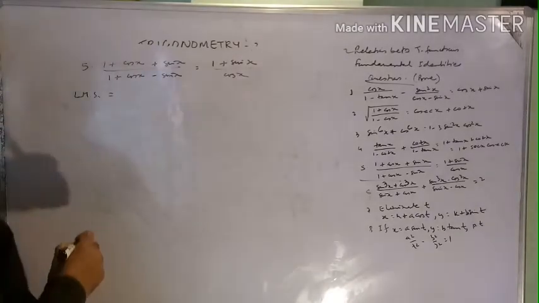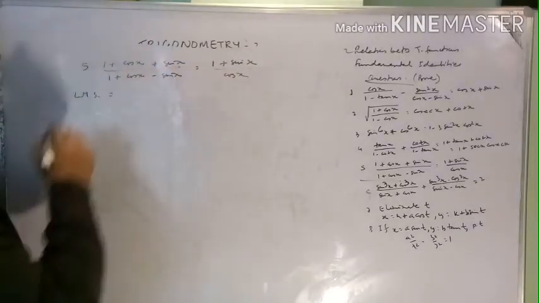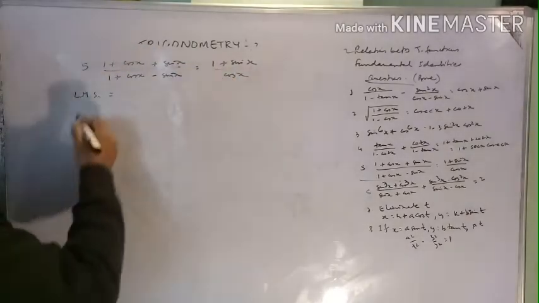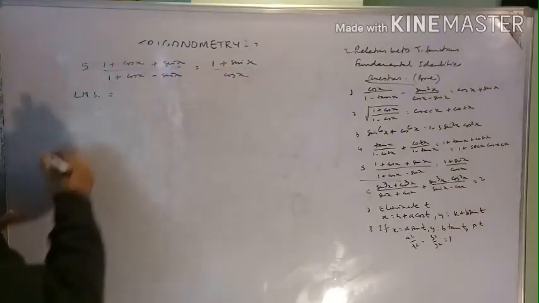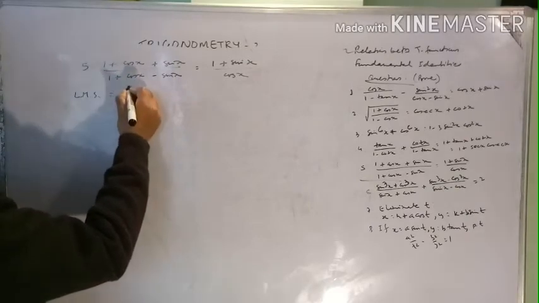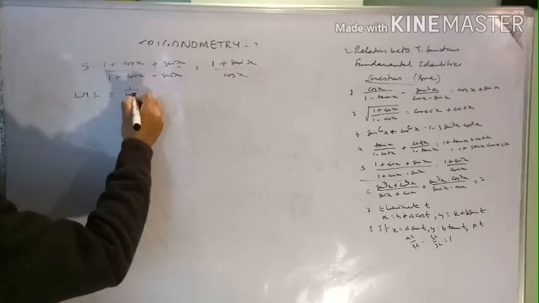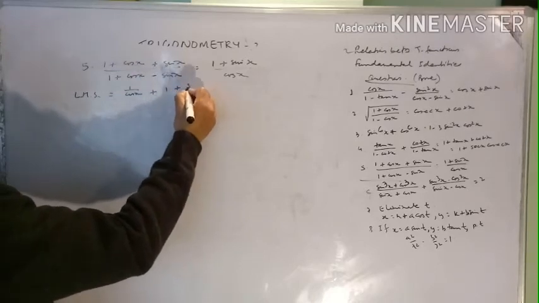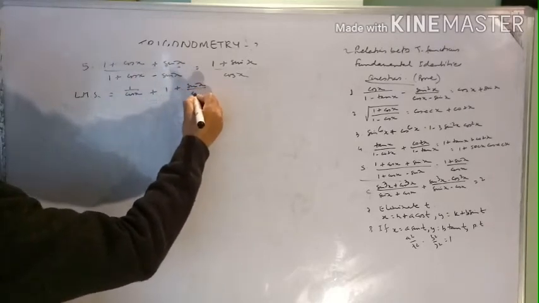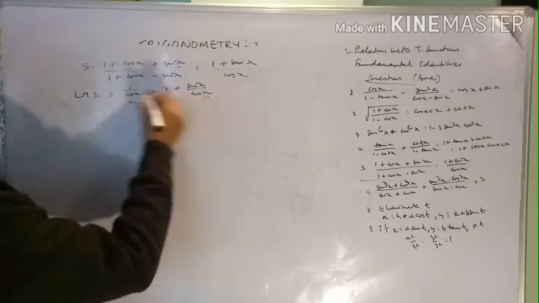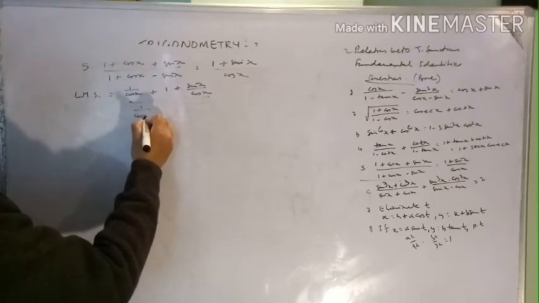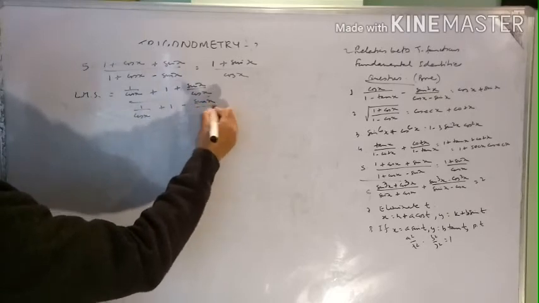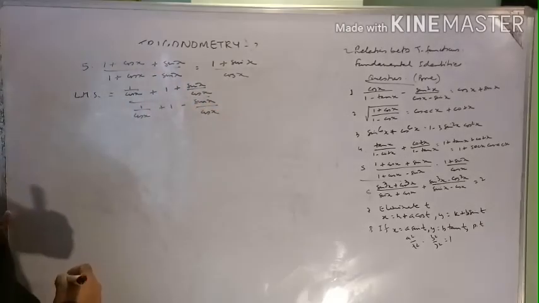Now here what we do, we first divide throughout by cos x, because here you have cos x in the denominator. So what we get: 1 by cos x plus 1 plus sin x by cos x, divided by 1 by cos x plus 1 minus sin x by cos x.